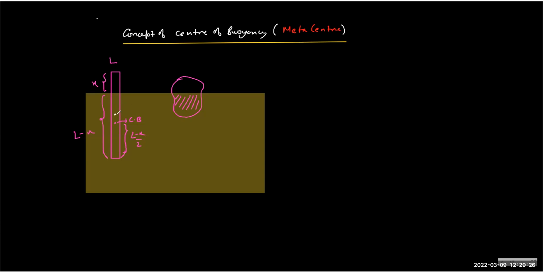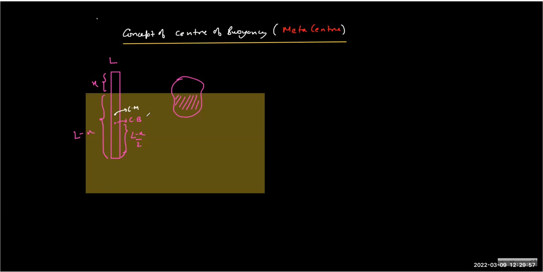So for the entire body, the center of mass will have a different location. But center of buoyancy only talks about the center of mass of the submerged volume of liquid. If there is a submerged part, and I remove the body and think of that part of water or liquid, whatever it is, then the center of mass of that part of liquid, assuming it to be present there, is called the center of buoyancy or metacenter.